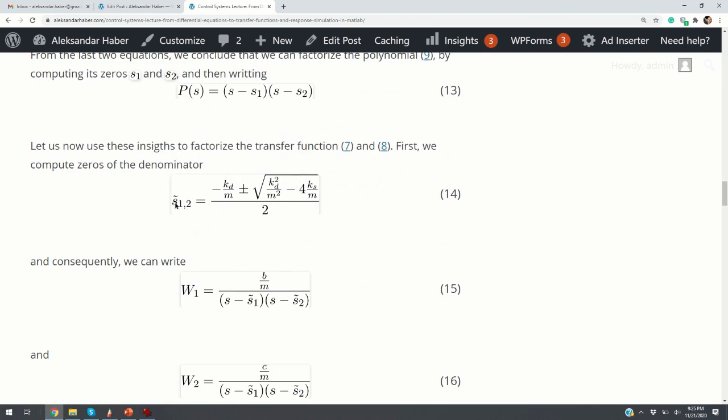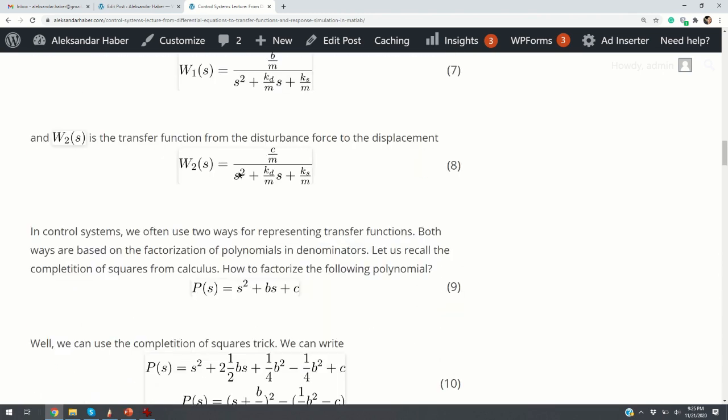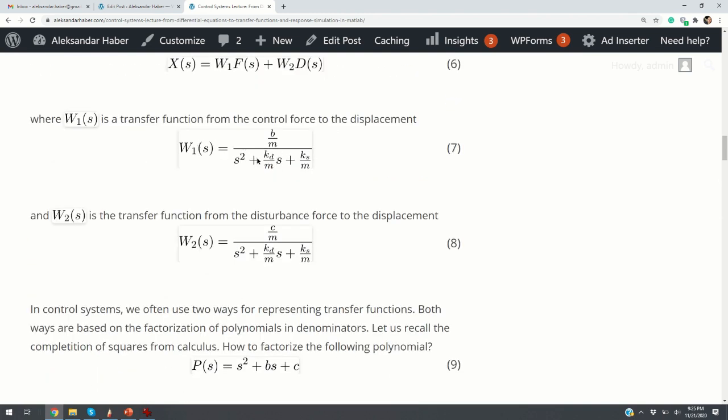So these s1 tilde and s2 tilde will be zeros of the expression in the denominator of the w1 of s. Actually, it doesn't matter, w1 and w2 are actually the same functions.